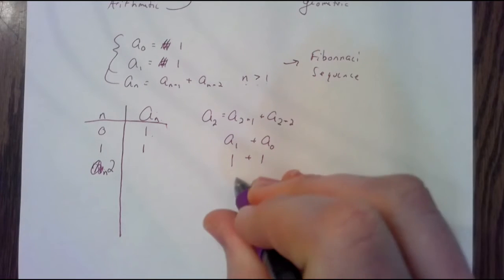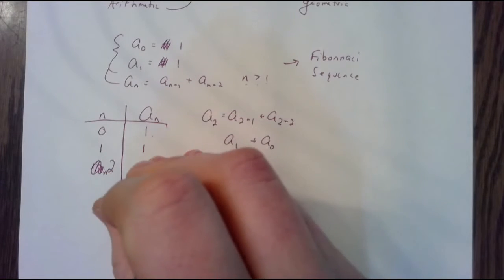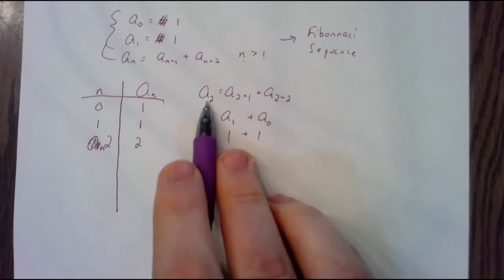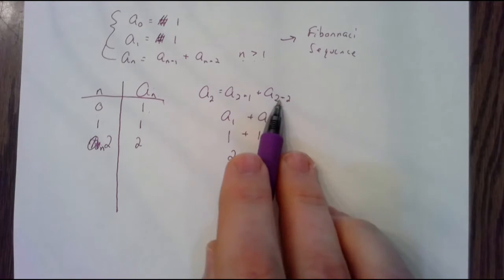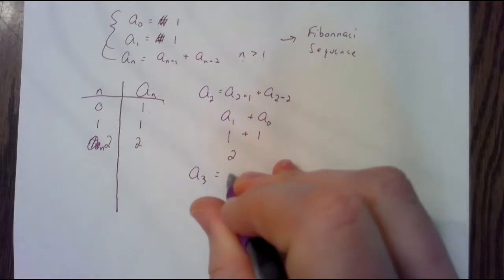So we can see, to generate any term in the sequence, I simply need to add the previous two terms. So a sub 3 will equal a sub 2 plus a sub 1. So when n equals 3, I'm going to add 2 plus 1, and I get 3.